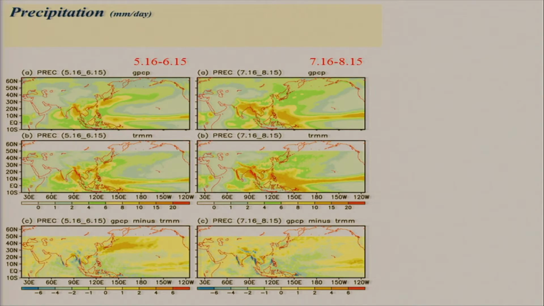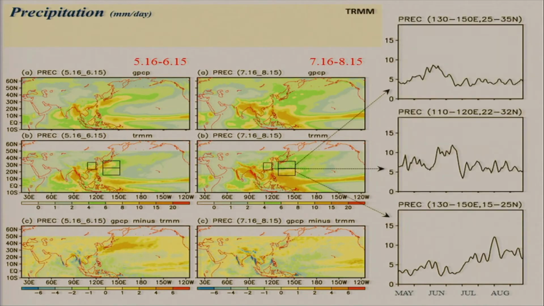Here I show you two satellite observations, from TRMM and GPCP. TRMM has a higher precipitation intensity compared with the GPCP precipitation. For specific regions, here are the precipitation time series for three regions, showing precipitation evolution from May to August. You can see a very clear timing of the precipitation from early summer to late summer.